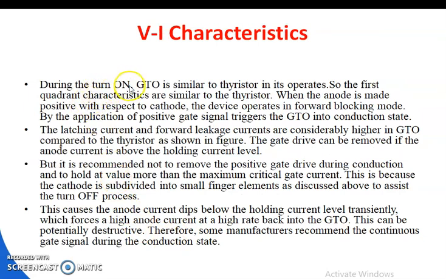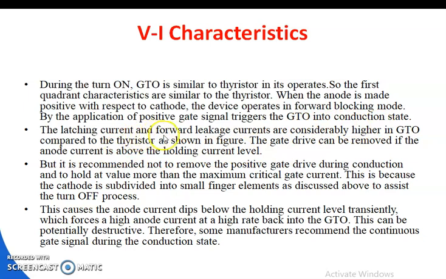During turn on, the GTO operates similarly to the thyristor, so the first quadrant characteristics are similar to the thyristor. When the anode is made positive with respect to the cathode, the device operates in forward blocking mode. Application of a positive gate signal triggers the GTO into conduction state.